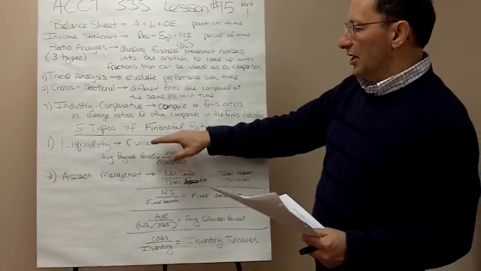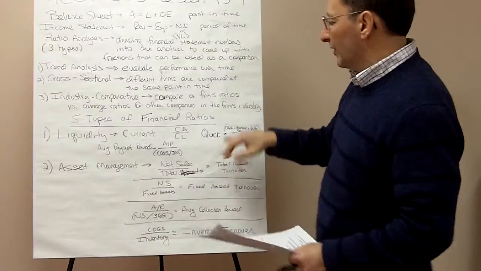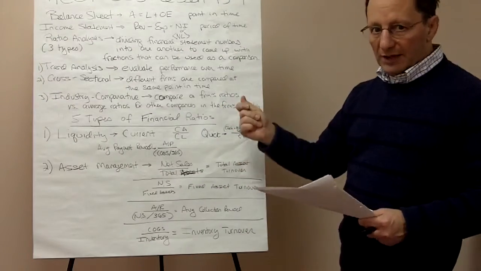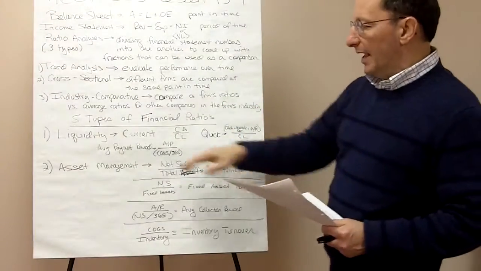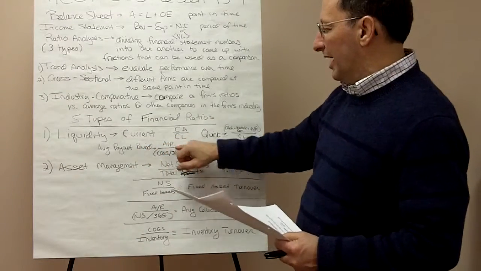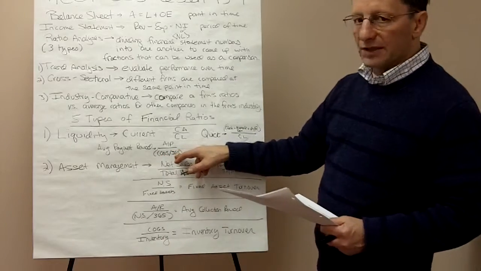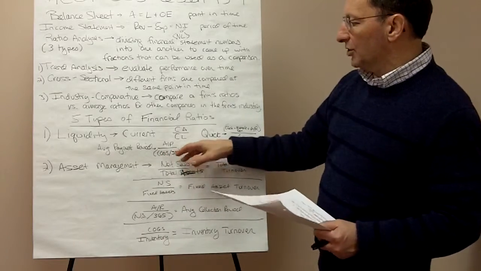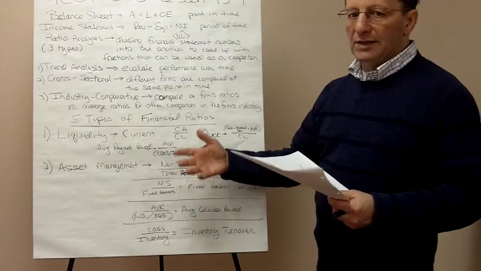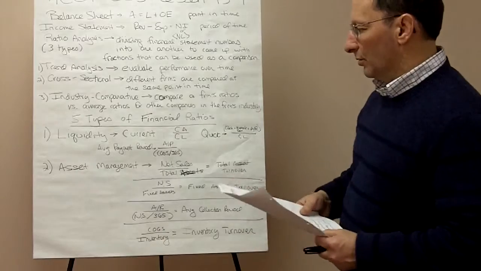This measures your immediate ability to pay off debts within a relatively short time period of 1 year. Your average payment period is your accounts payable divided by your cost of goods sold divided by 365. This gives you how long it takes, in days, to pay off your accounts.